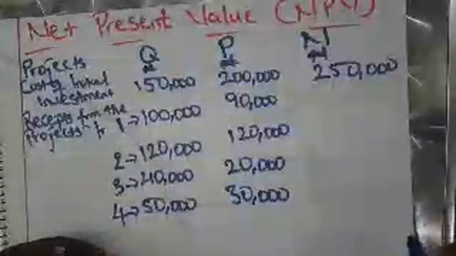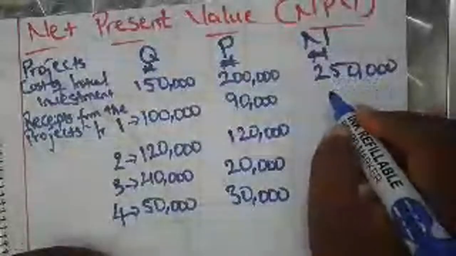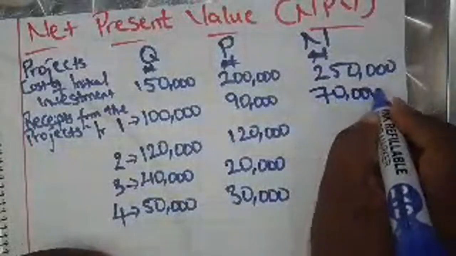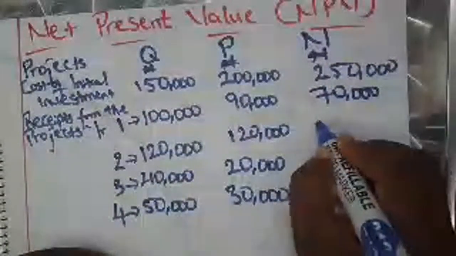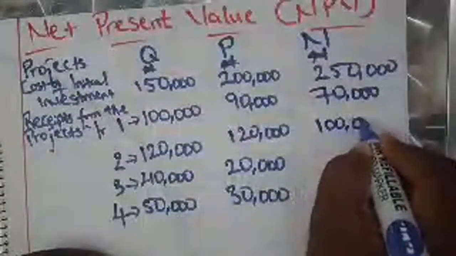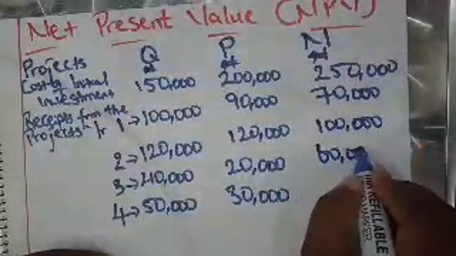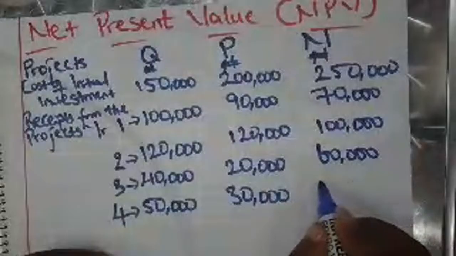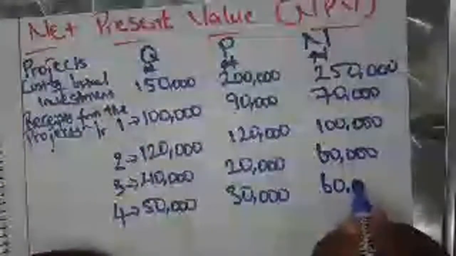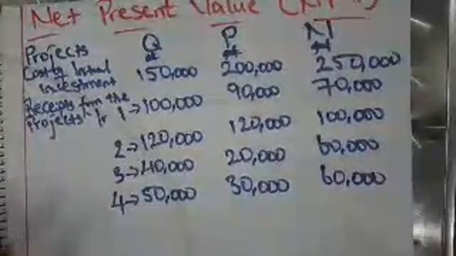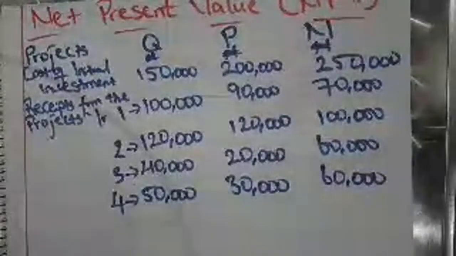While for project N, year one, 70,000 naira. Year two, 100,000. Year three, 60,000. And year four, 60,000. So this is the question.